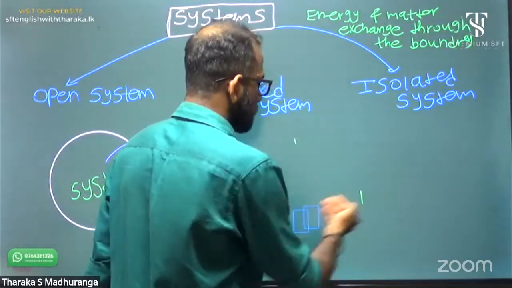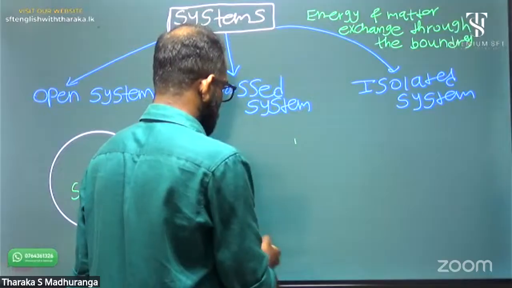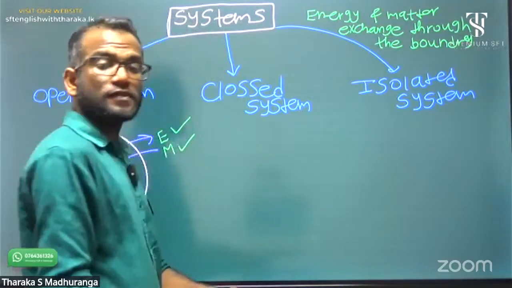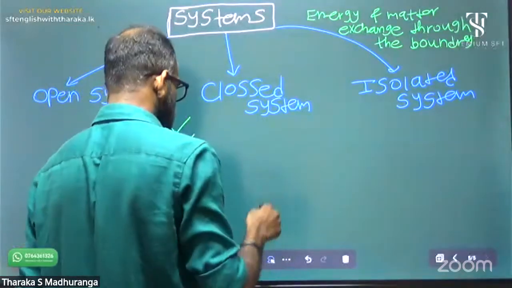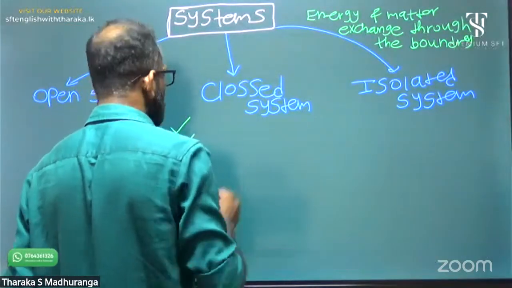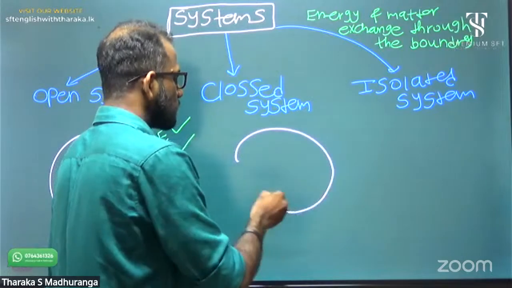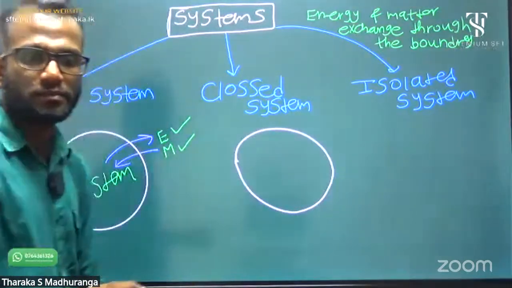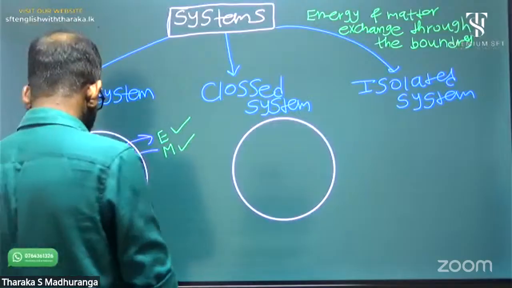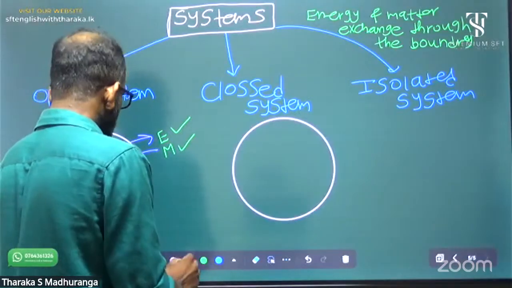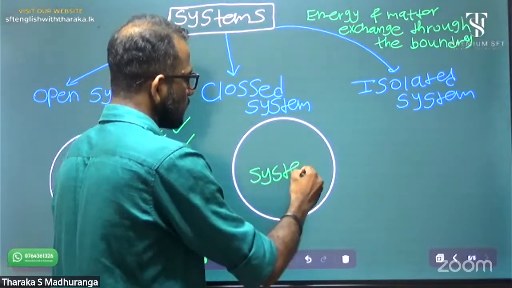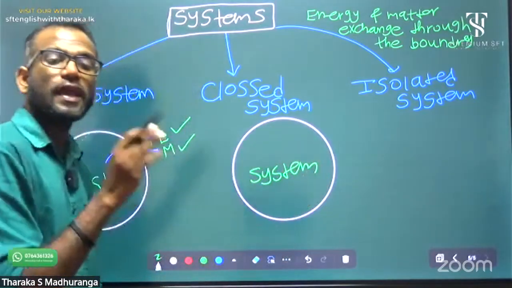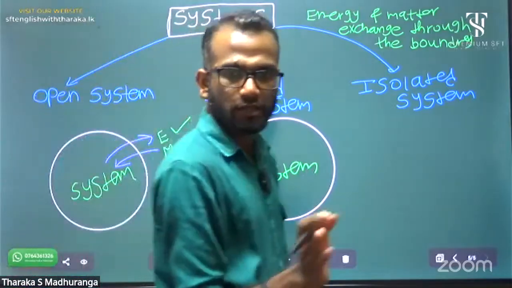let's move into closed system. What's the meaning of closed system? A closed system is a system that only exchanges energy through the boundary.